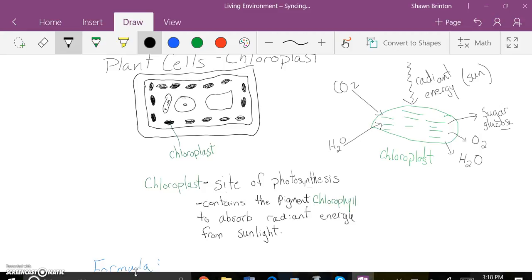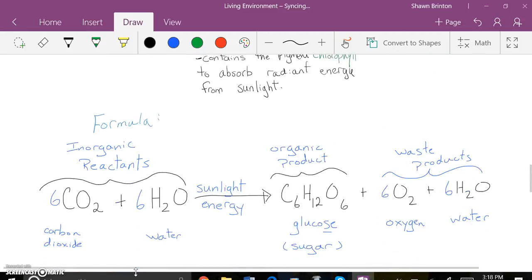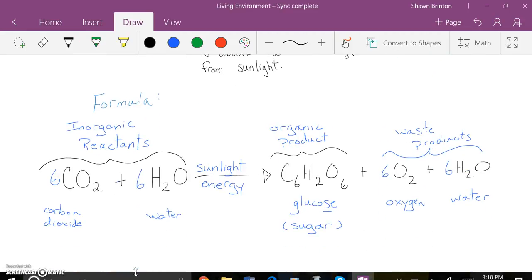Moving on real quick before we leave this, just make sure that we get this formula down, and make sure that you have your carbon dioxide and your water, and these are your inorganic reactants. Remember, those reactants are needed for photosynthesis. And of course, here's your sunlight, basically your energy.